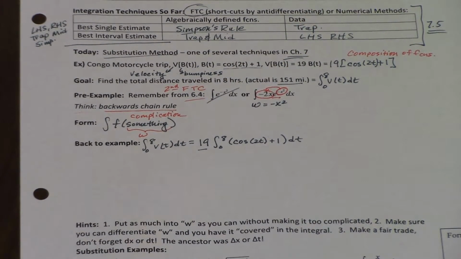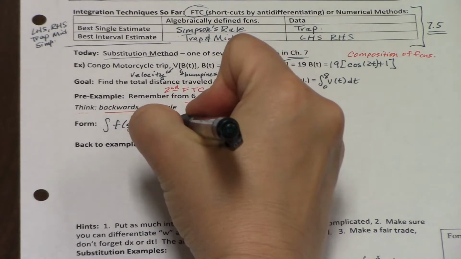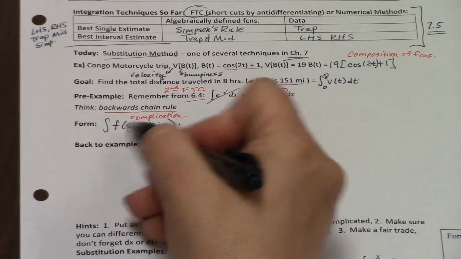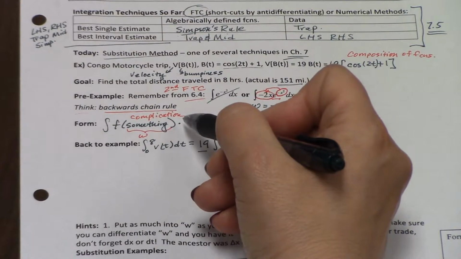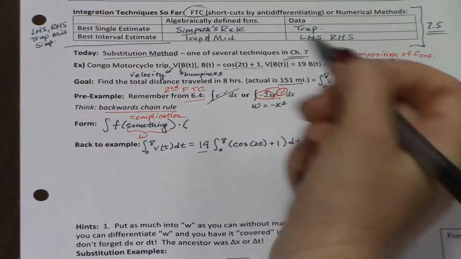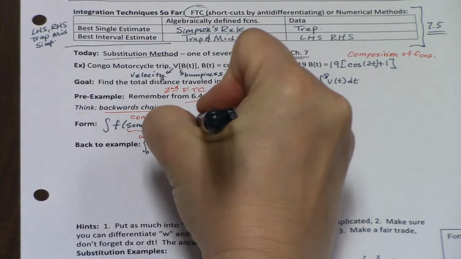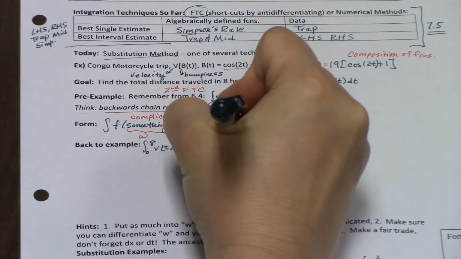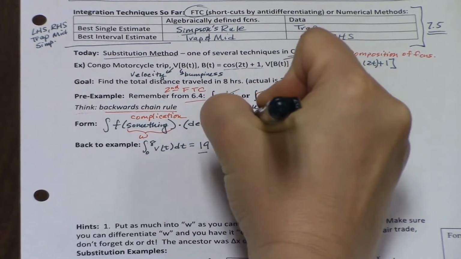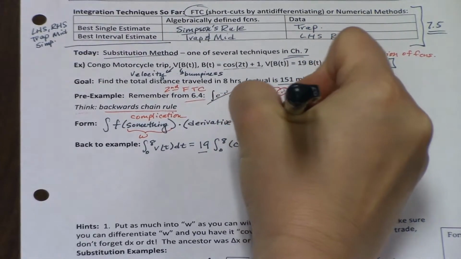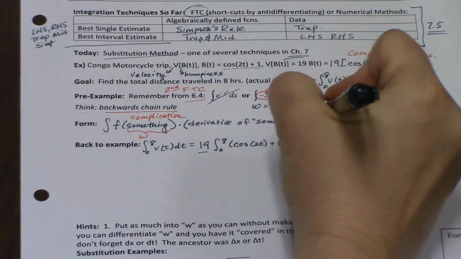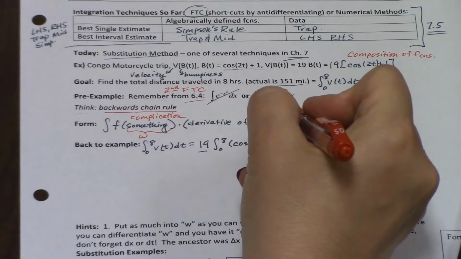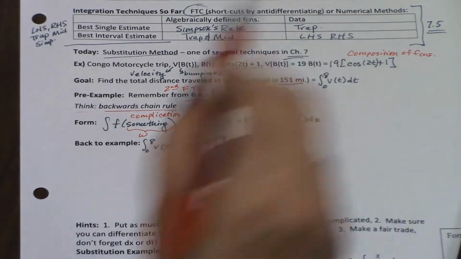Then the other thing that we're going to want in our integral: I had f of something, that's like e to the negative x squared. The other piece that I'm hoping is also within my integral is the derivative of the something. So here I want the derivative of this w to also exist in the integral.